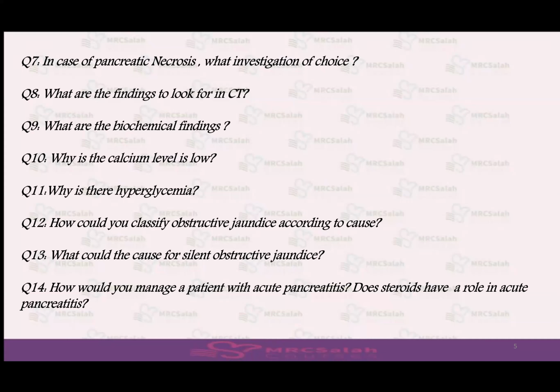Why? I will avoid morphine because theoretically it could cause constriction of the sphincter of Oddi, and I will avoid NSAIDs because there is risk of peptic ulceration and erosive bleeding. Continue.